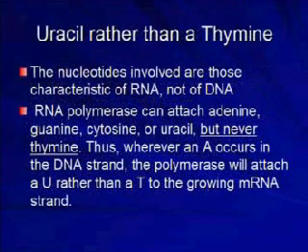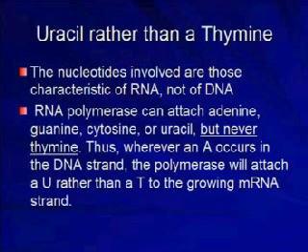Now, we've already talked about the substitution of uracil for thymine. Nucleotides involved in those characteristics are of RNA, not in DNA. RNA polymerase attaches adenine, guanine, cytosine, or uracil, but never thymine.